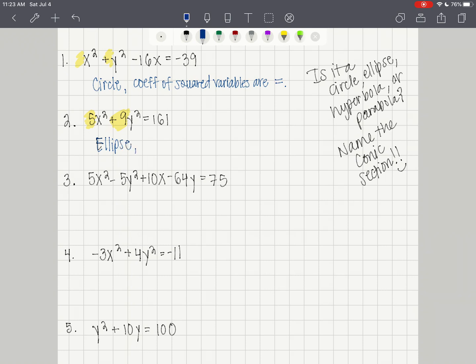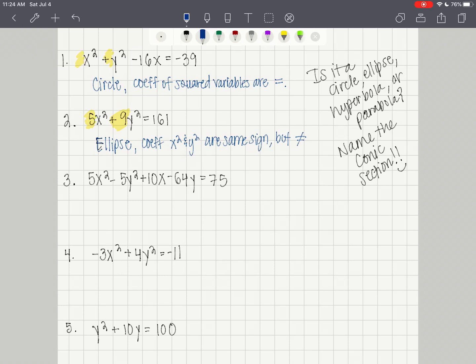So for an ellipse, your coefficients of x squared and y squared are the same sign but different values, but not equal. Let's say that. Same sign but not equal.